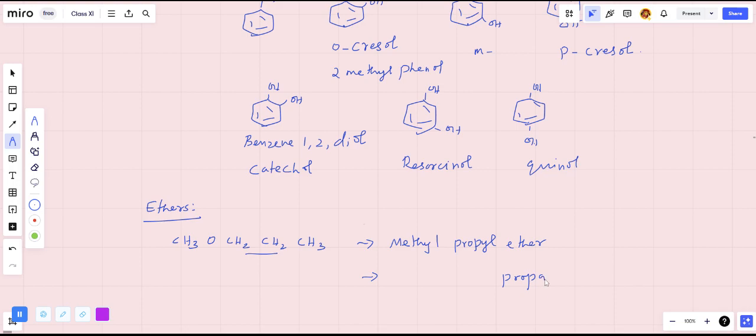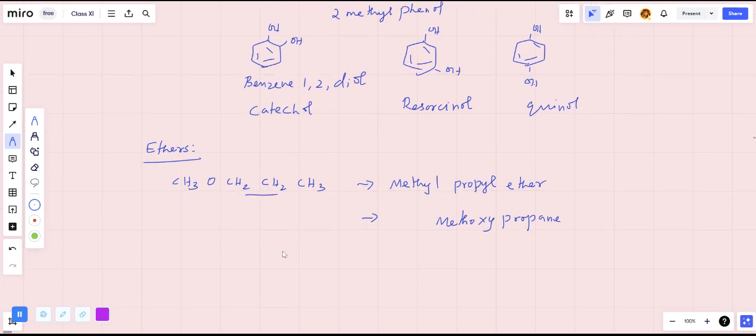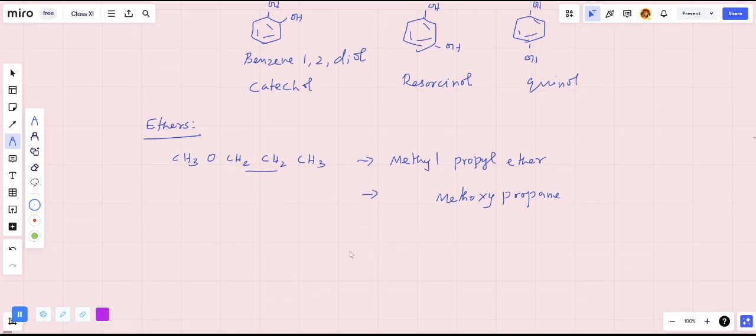A methyl group is attached to this oxygen, so it is methoxypropane. Don't write propoxymethane. So always the parent hydrocarbon must have more carbon atoms. This is methoxypropane.